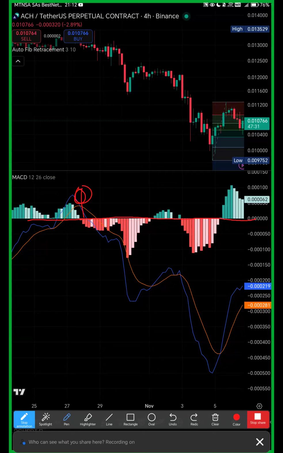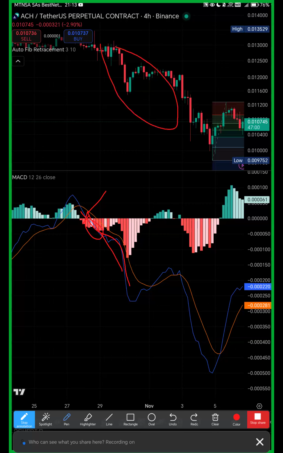Immediately when it crosses the orange line to start moving below, as you can see here, the orange line is on top and the blue line is below. When the blue line, the MACD line, is moving below the orange line, it tells you that price is on a downtrend.